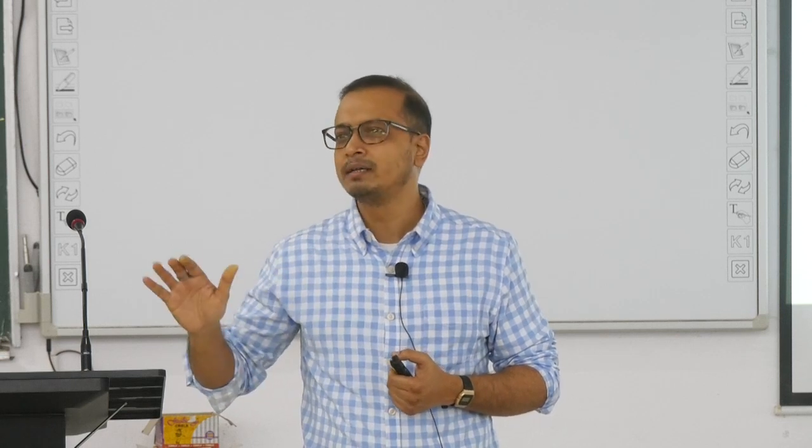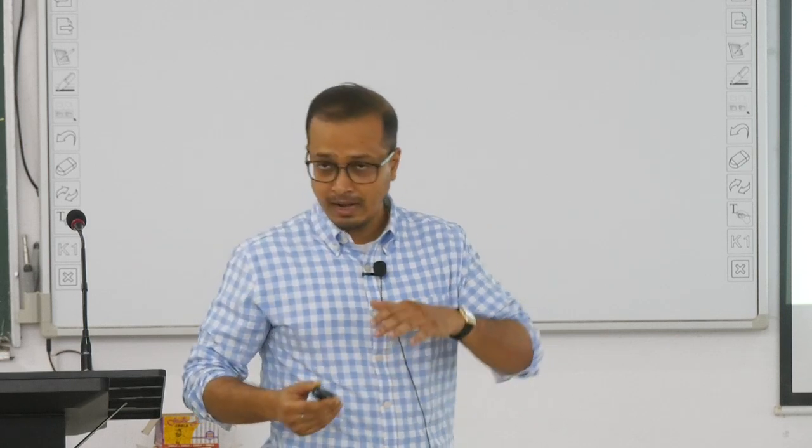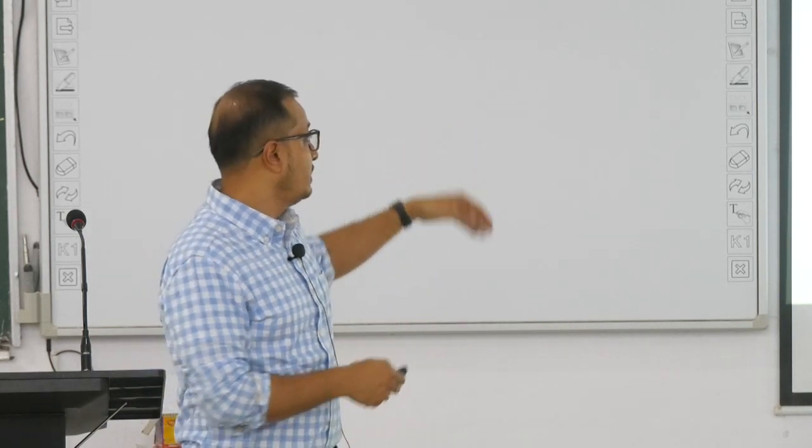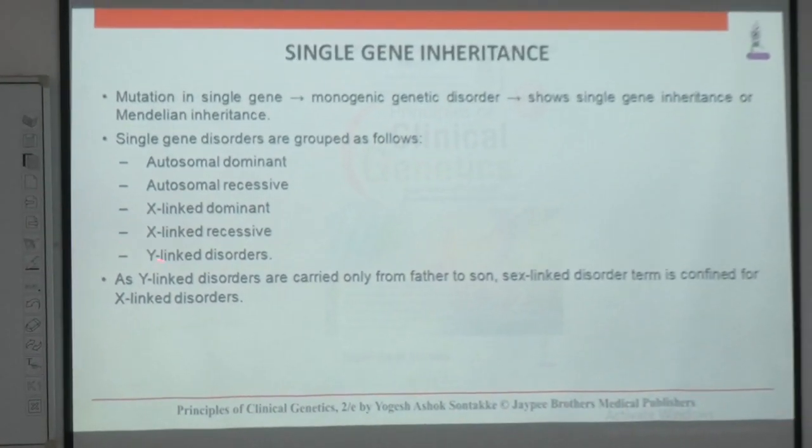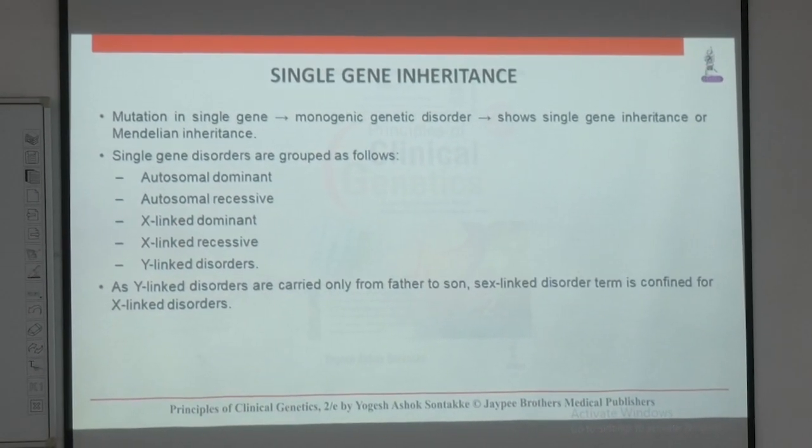Apart from that, we do not have any Y-linked disease to consider at this level. So either we are having autosomal dominant or recessive disease to think of, or X-linked dominant and recessive genes to think of.